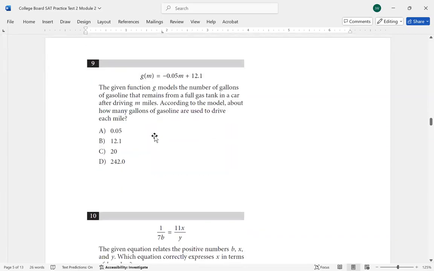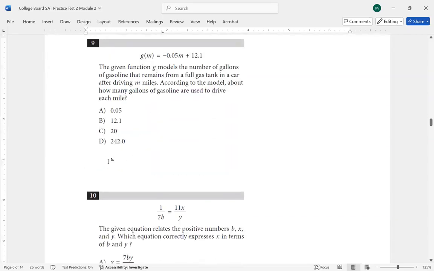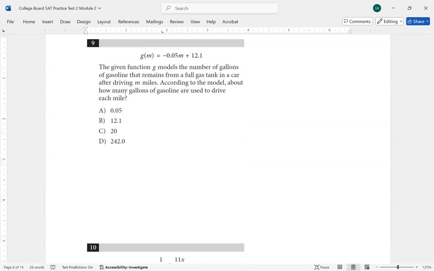Question number 9 says the given function g models the number of gallons of gasoline that remains from a fuel tank in a car after driving m miles. According to this model, about how many gallons of gasoline are used to drive each mile?